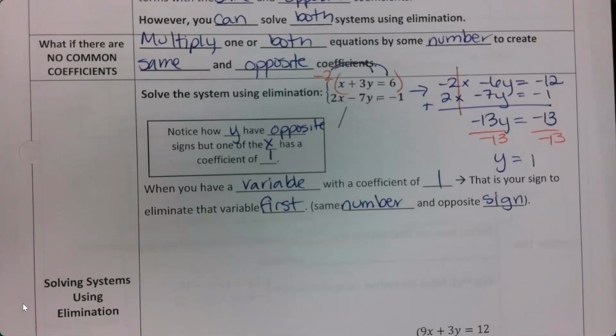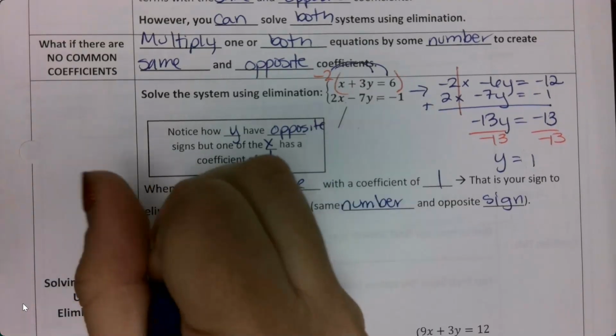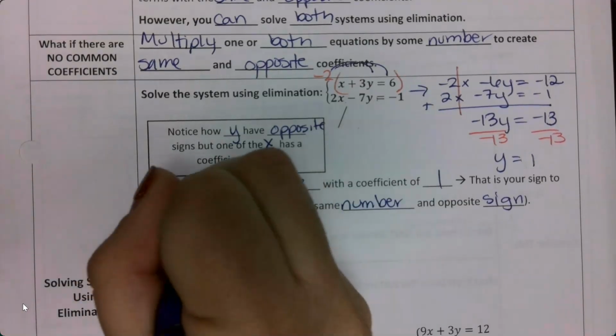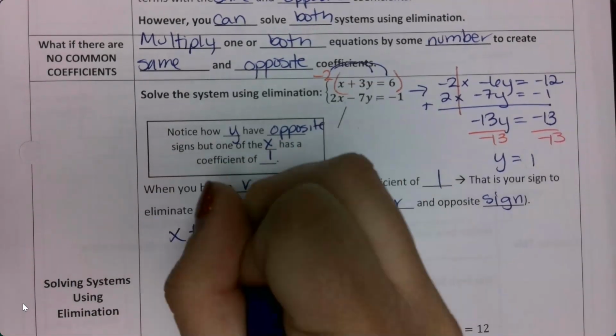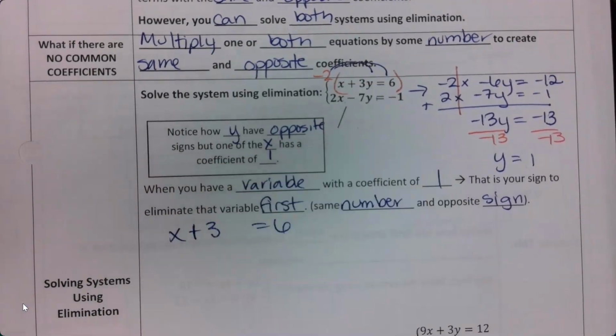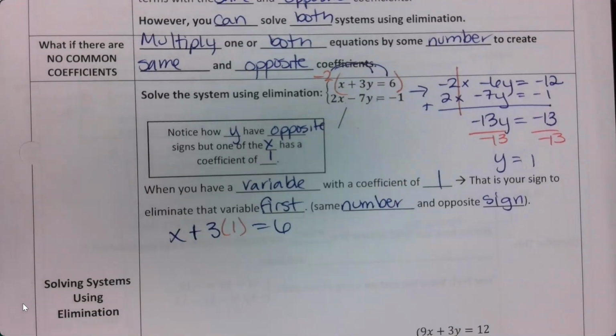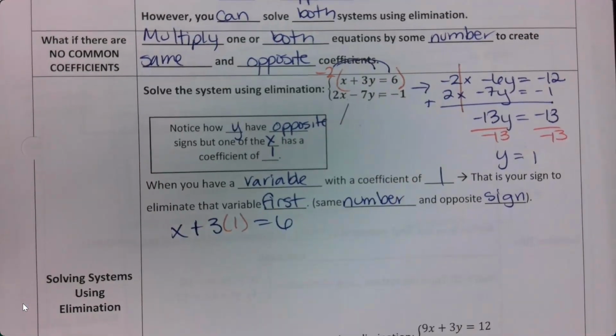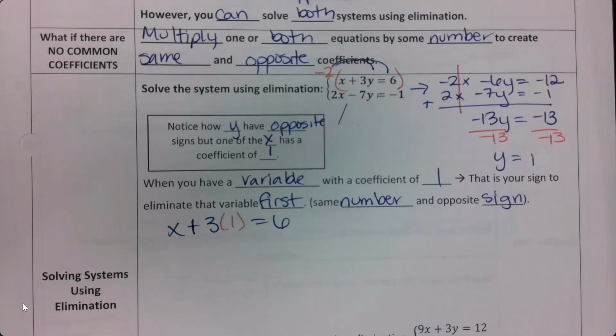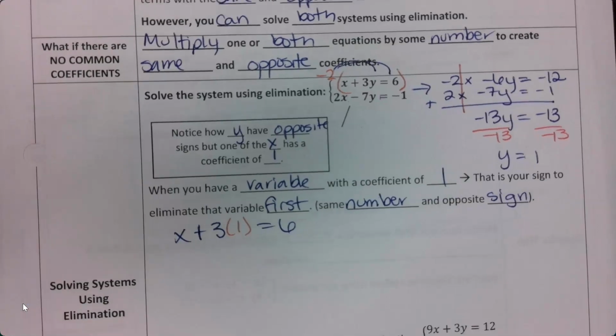Okay, so which equation do you want me to plug it into? The top one? So I'm going to plug in the 1 for y. What is 3 times 1?